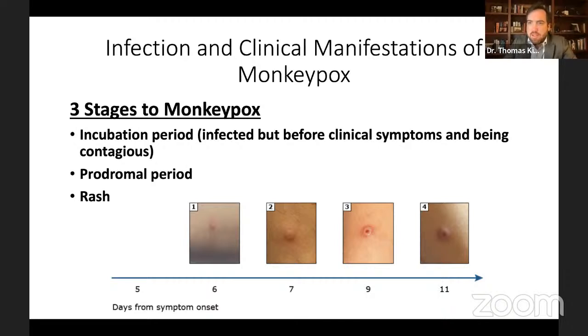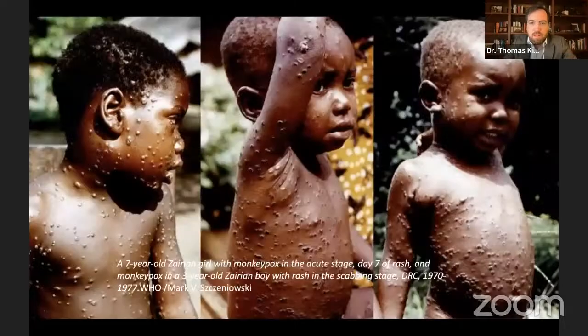The rash is supposed to be pretty painful, and pretty itchy once it starts healing. It's a very characteristic rash, and you can see that it can cover large portions of the body. This is a picture from back in the 1970s in the DRC.